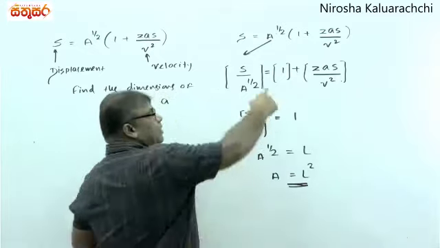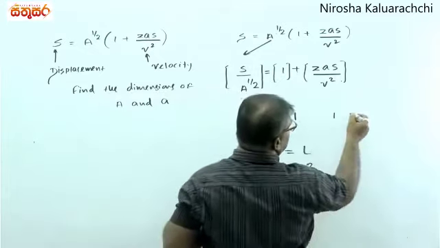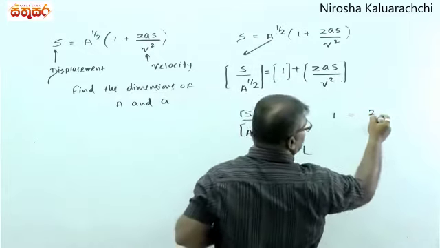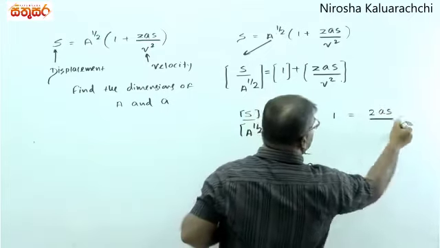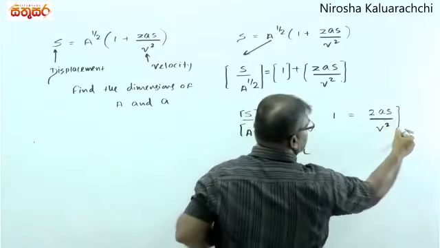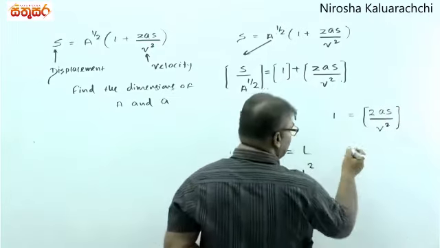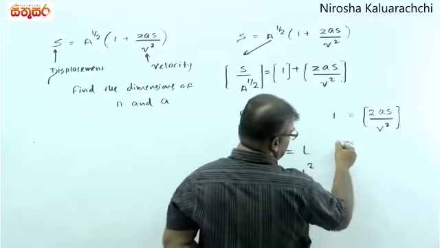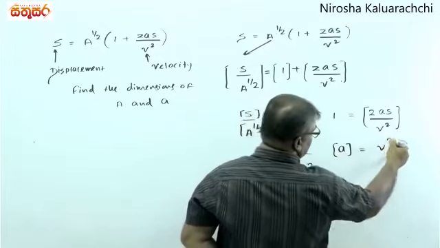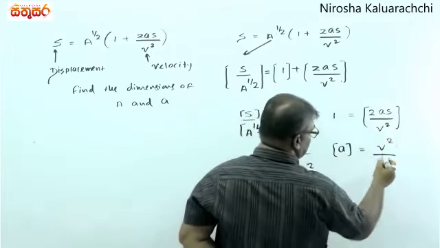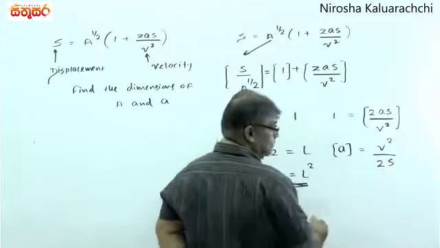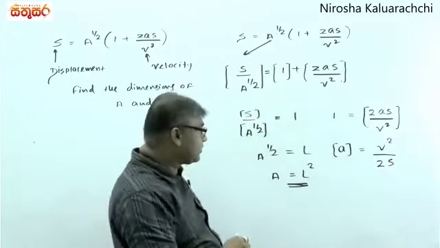Let's see. Dimensionally this one is similar to this one, 2as over v squared. Then, making a the subject, v squared goes to the other side: v squared over 2s. Can we simplify now?